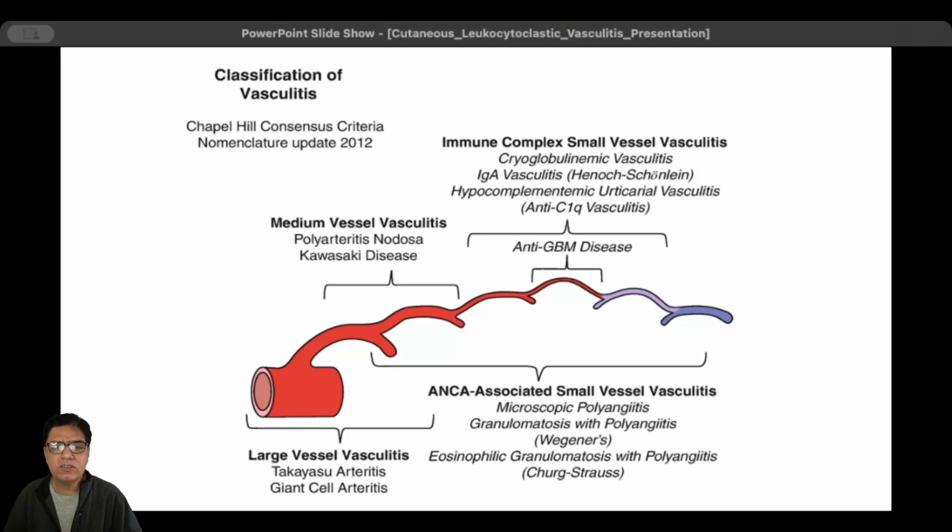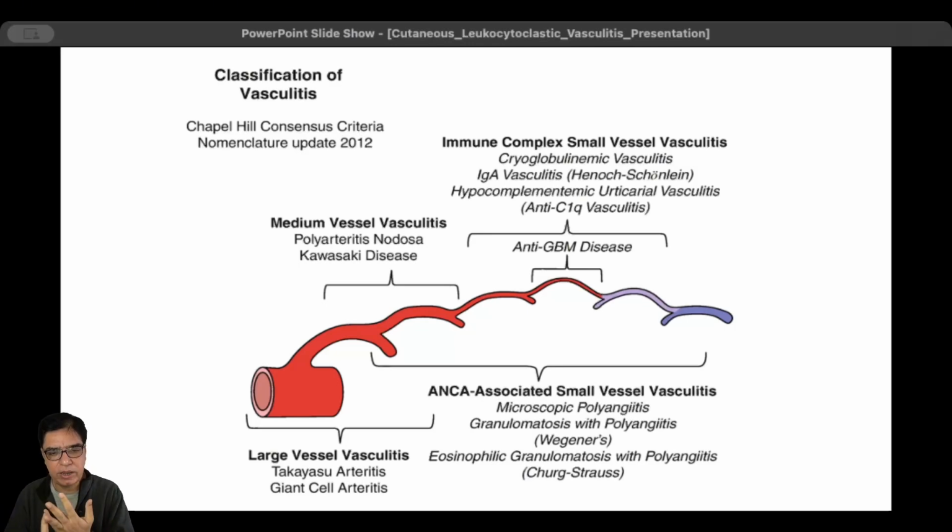And then you've got the small blood vessels, which are small arterioles, capillaries, and even the venous side of the blood vessel, that is the venules and small veins. So inflammation can occur because of any reason in the large, medium, or small blood vessels.